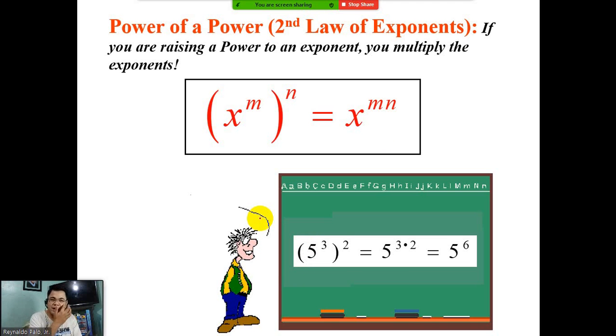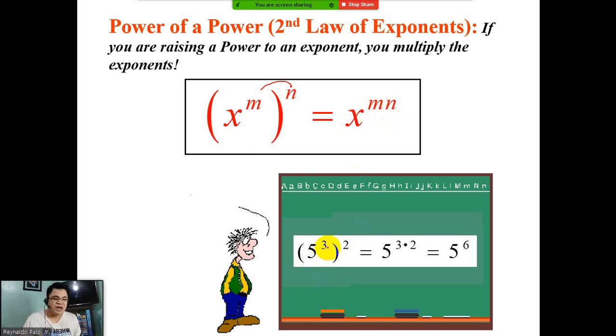So we call it power of a power, which is raised to another power. Example, if we have x raised to the power of m, raised to the power of n, you need to multiply the exponents, m times n, and you will get x raised to the power of m times n.